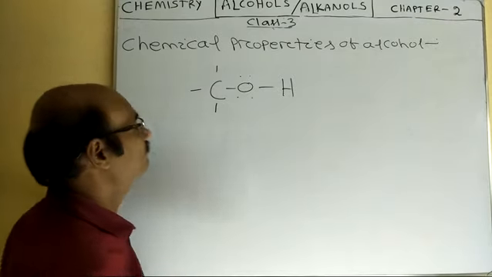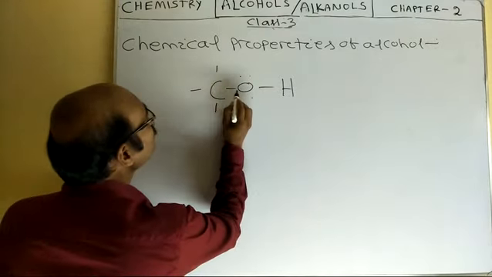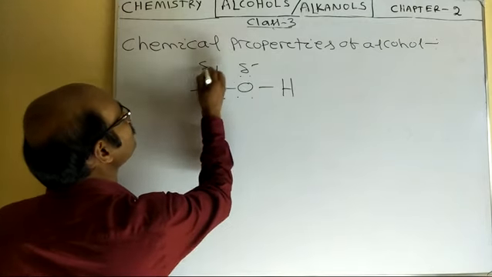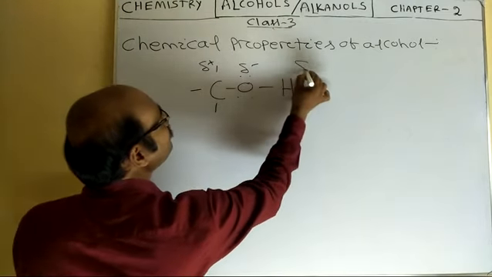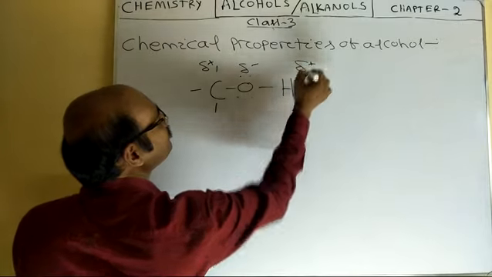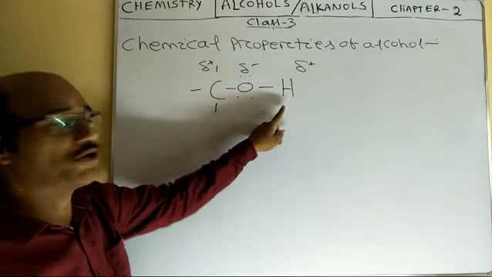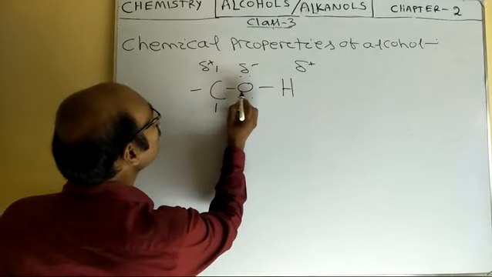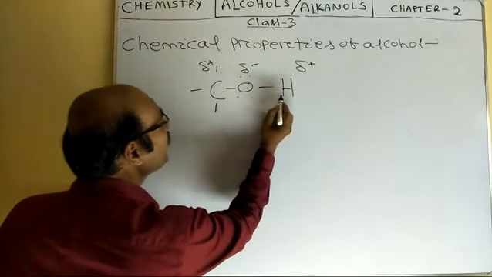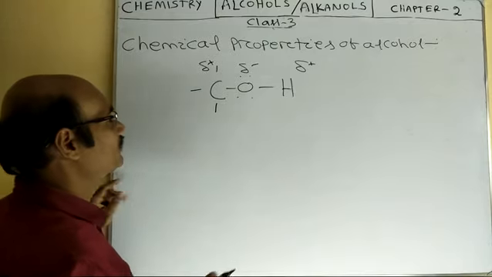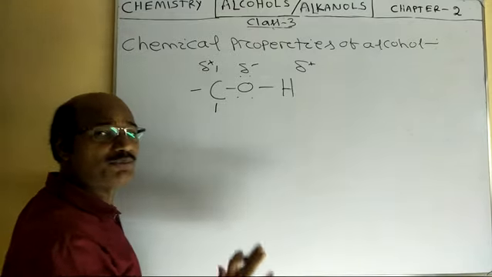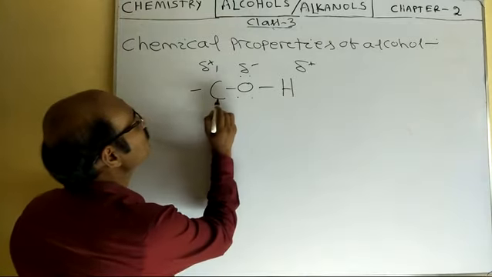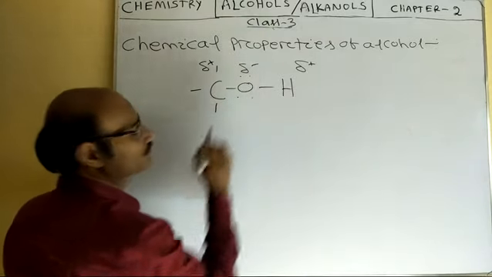We have seen that this C-O bond is polar, and also this O-H bond is polar. Because this C-O bond is polar and the O-H bond is polar, the chemical behavior of this alcohol depends upon the C-O bond and O-H bond.